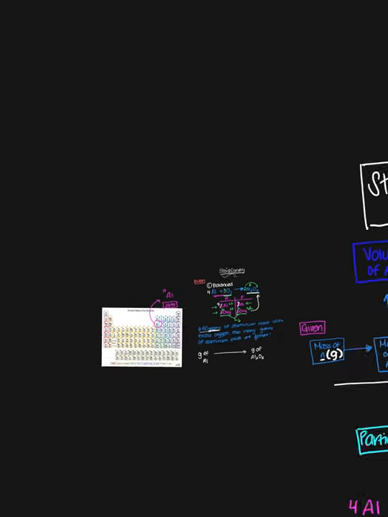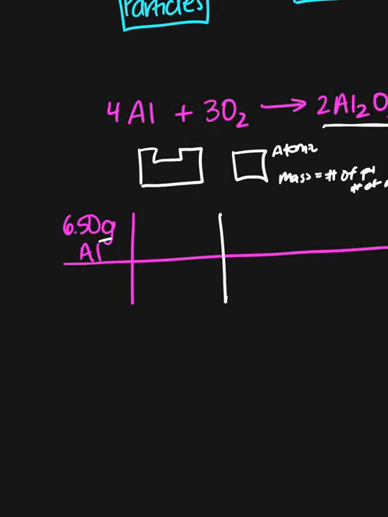So 27 is our mass, and the atomic mass is always given in grams per mole, per 1 mole. In order for us to have the moles of aluminum, we put it on the top so that our grams of aluminum on the bottom will cancel out.